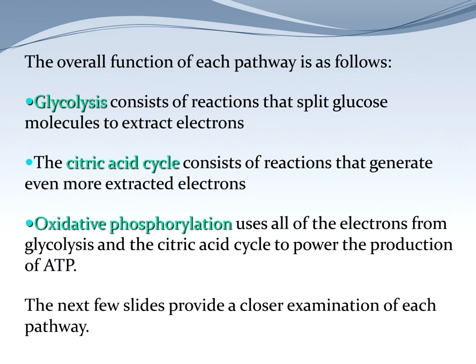The citric acid cycle consists of chemical reactions that extract even more electrons. Oxidative phosphorylation is responsible for making the bulk of the ATP that's produced during cellular respiration. It does so utilizing all of the extracted electrons from glycolysis and the citric acid cycle.